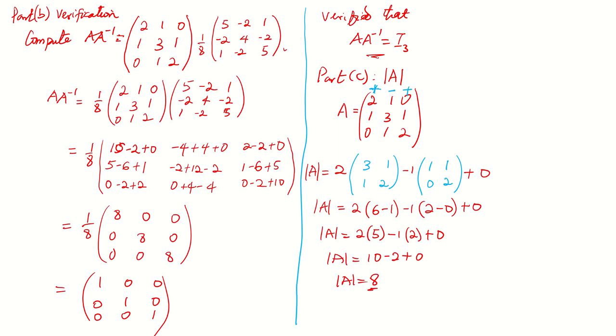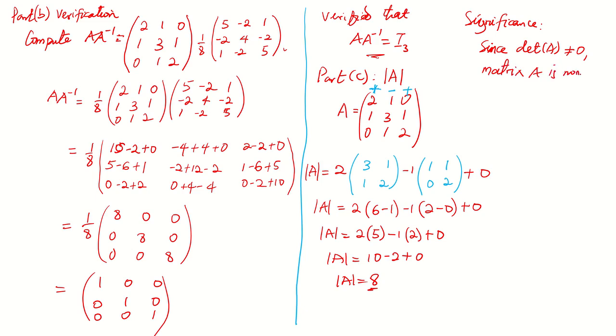So what's the significance? The significance is, let's see if we can write it here. I'll just state the significance. The significance is that since the determinant of A is not equal to 0, it guarantees that the matrix A is a non-singular matrix.